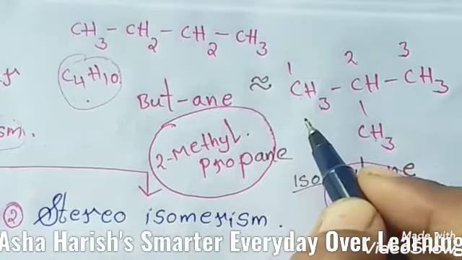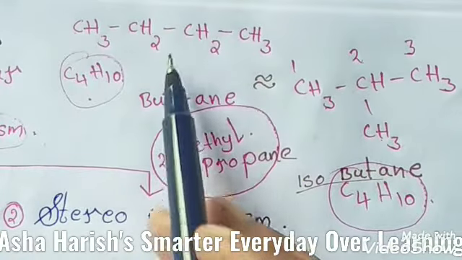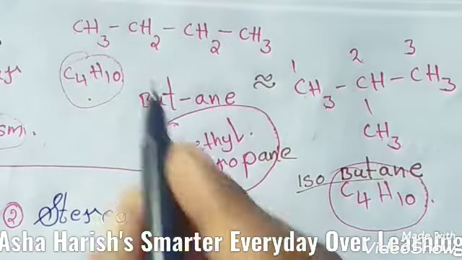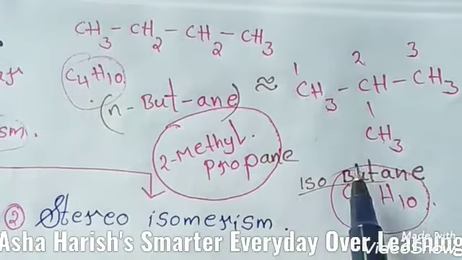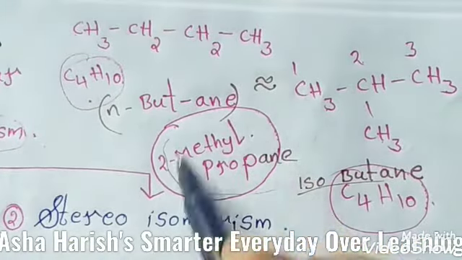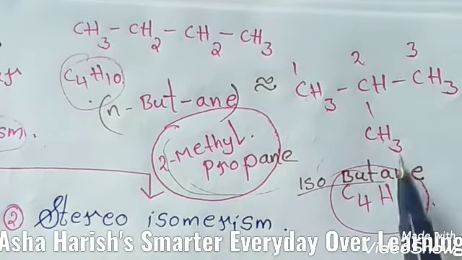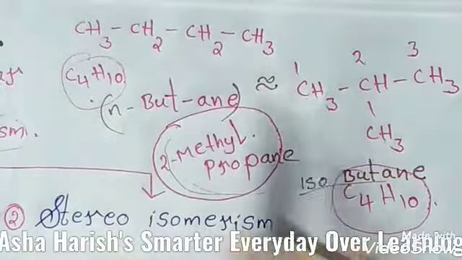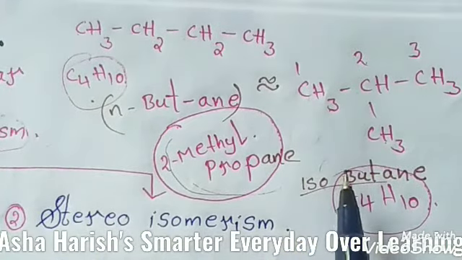This is about the isomerism property. The first one is called butane, or in the common system n-butane. The second one is called 2-methylpropane, also called isobutane in the common system. We find both of these compounds in nature, and they have different properties due to the difference in their structures.